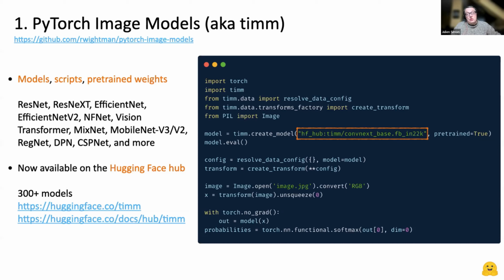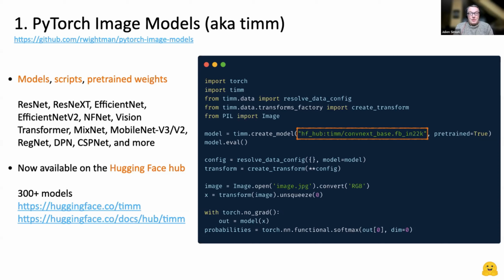And there's a huge variety for the same model. You'll find lots of different versions, and I think that's why people love timm. And those models are now available on the Hugging Face Hub, so you can just basically pull them from there. You can see that code snippet here. It's very simple.